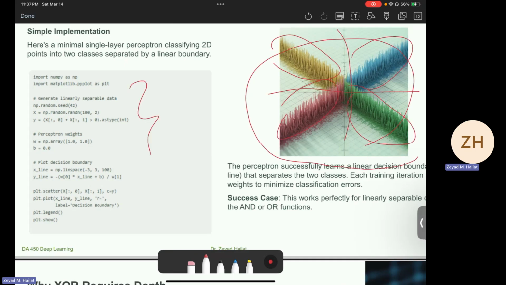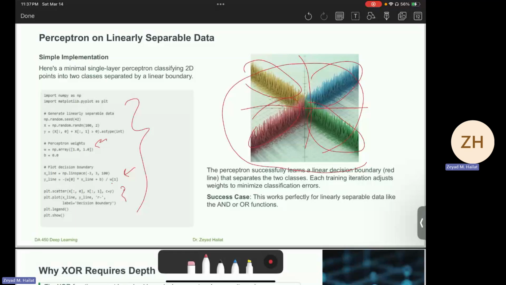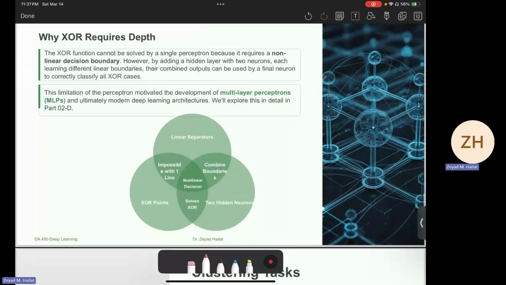What we have done is create simple perceptron weights and some plots to show the example in the form of a scatter plot. A single perceptron won't be able to capture the nonlinearity, so we need something much more complicated.